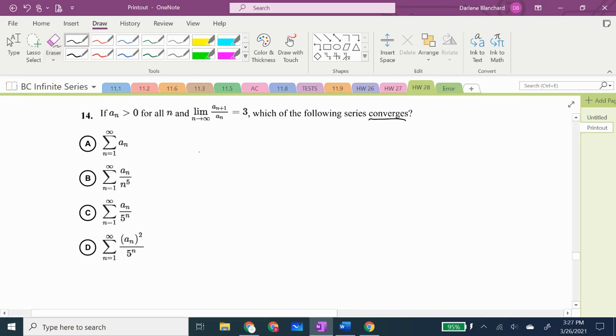Just to make sure. Limit as n approaches infinity of the n plus 1th term divided by the nth term or reciprocal multiplied.